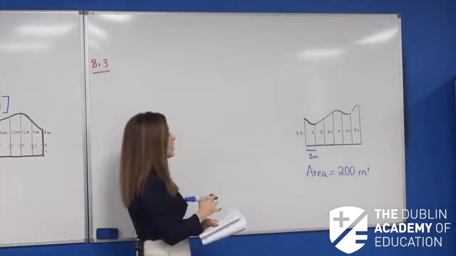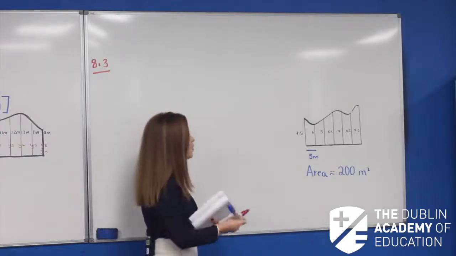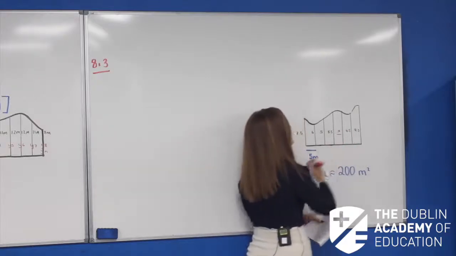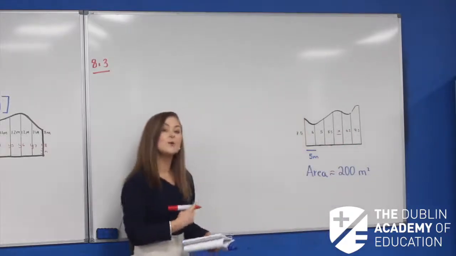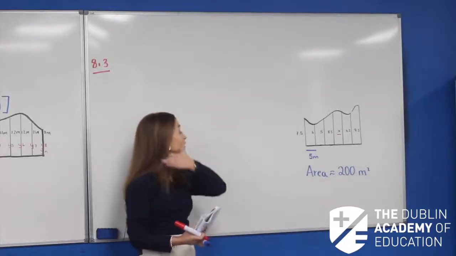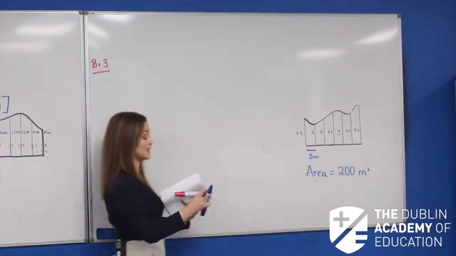So they give us the diagram, they give us the answer to the area under it, and instead this time, they ask me to find the height X there. But they tell me the rule that they used. So I'm going to start off with writing down my rule and letting it equal my answer.